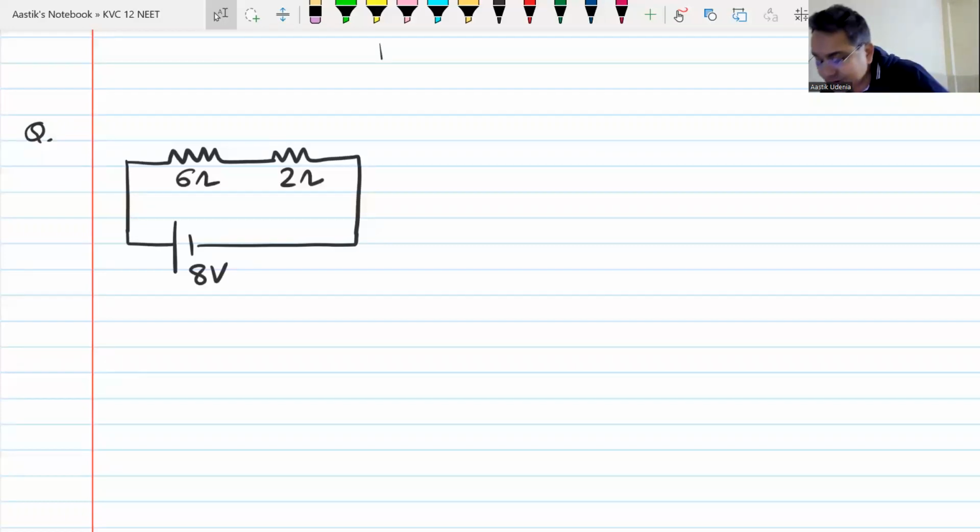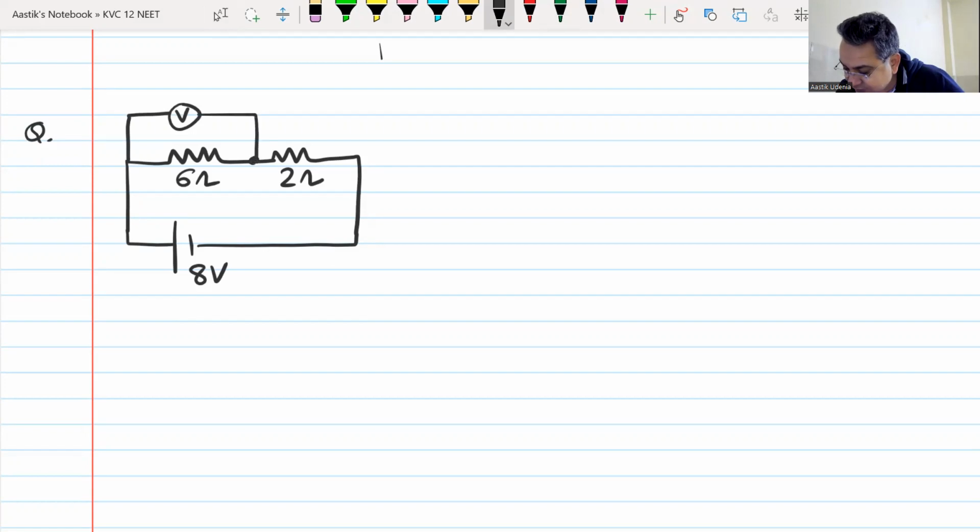Well, then I bring to you this question. I'm just making this question. This is how voltmeter is connected. It is connected in parallel like this. So I have made two circuits for you.